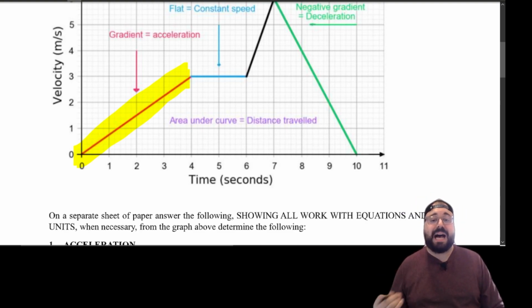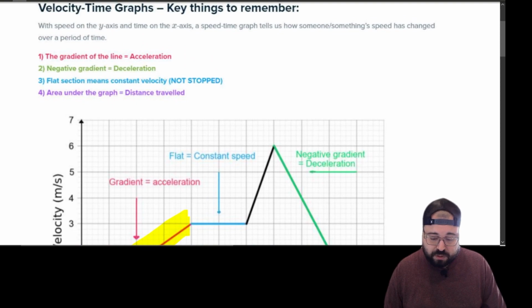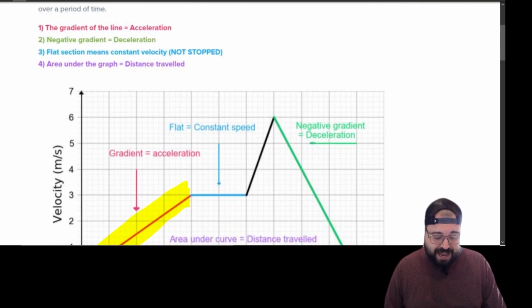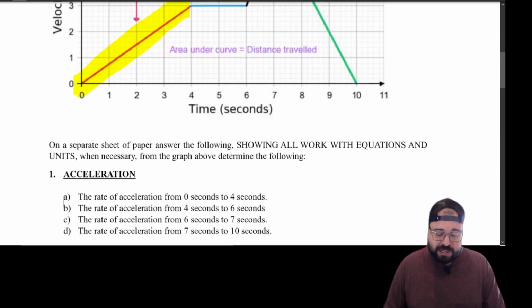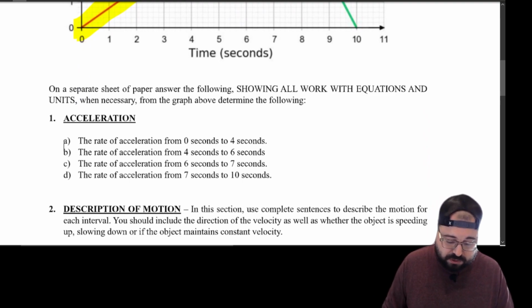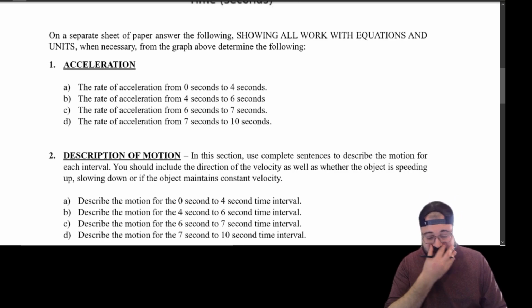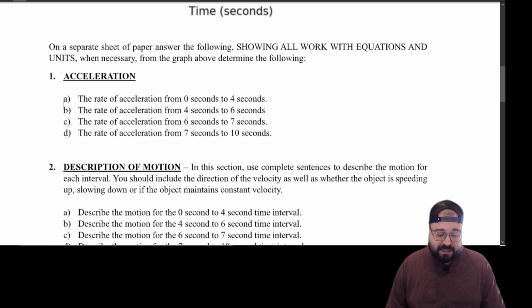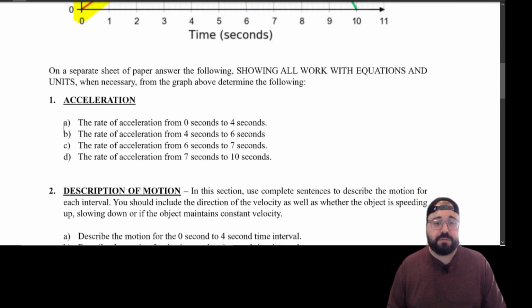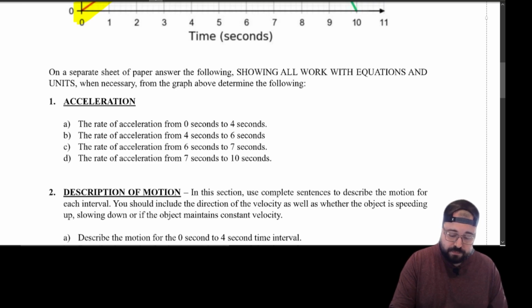And it's going to be a positive value. So that's 0.75 meters per second in the positive direction. So here we don't have an actual direction associated with that, so we'll just say forwards, right? Our rate of acceleration from 0 to 4 seconds is 0.75 meters per second squared forwards.